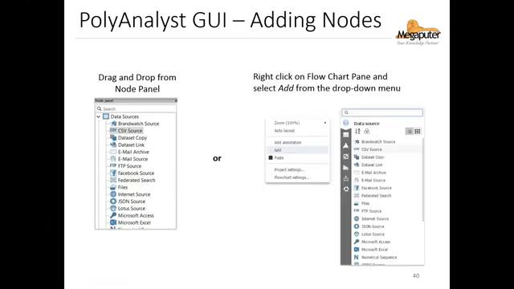The other way to add a node is to right-click anywhere on the workflow, and then there will be this pop-up menu. We can click Add to select a node from the relevant category there. If you wish to delete a node, you can just right-click on it and select Delete. Let me show that.